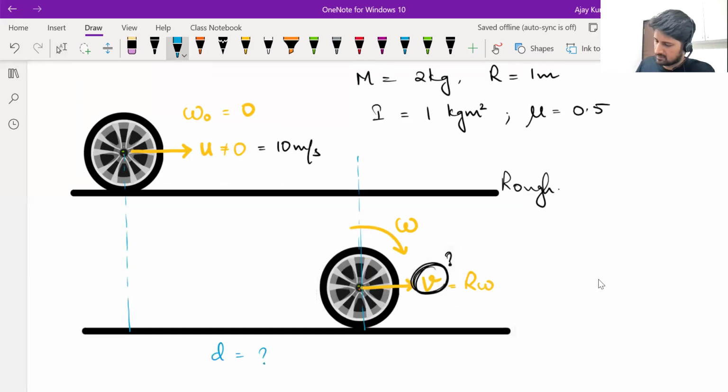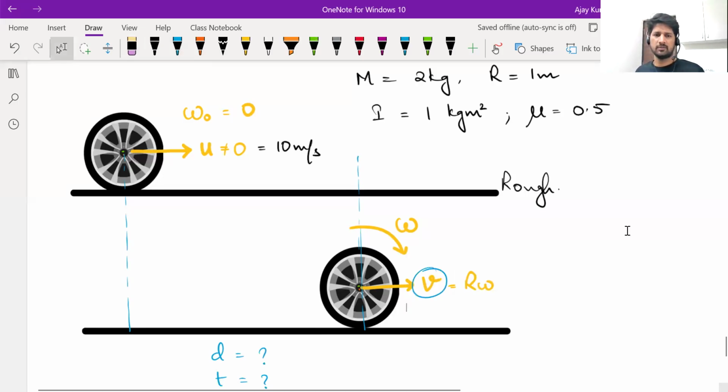Distance, time before it attains pure rolling, and what is the speed when it just attains pure rolling. Think carefully and solve. I'll give you all 3 minutes.